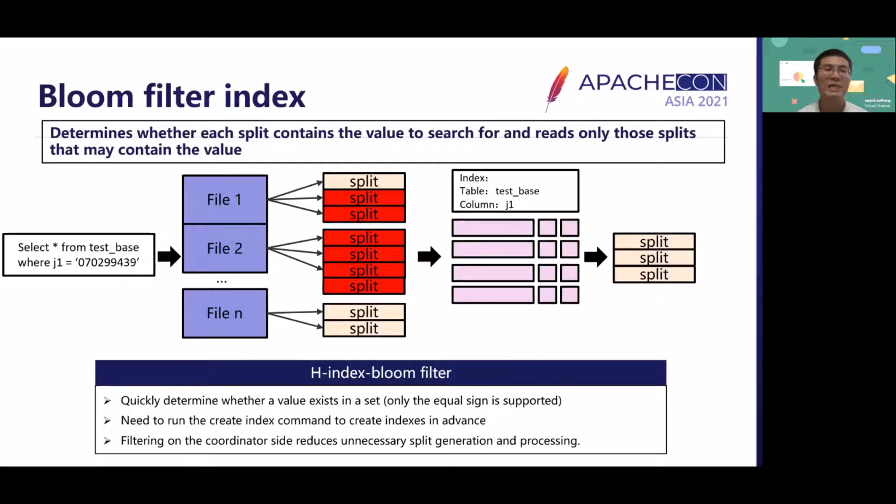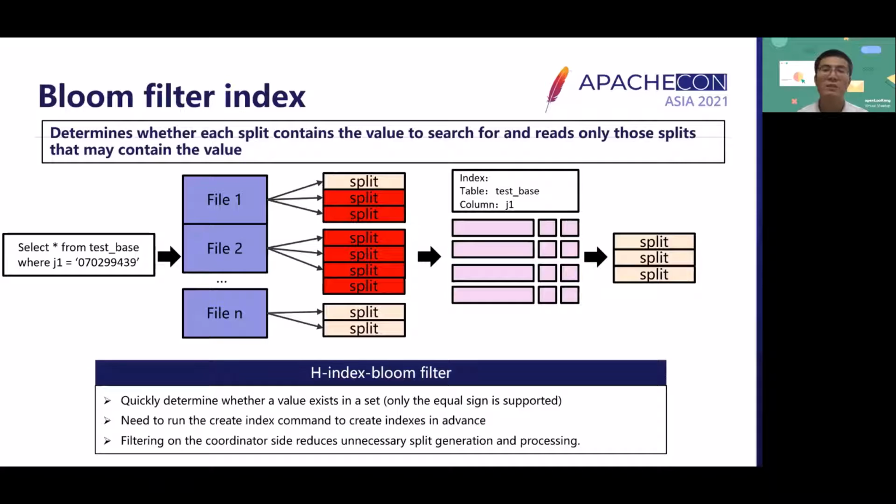So here comes the example. If you want to query select star from the test table where the column equals a value, the data of the underlying data source will be cut into several splits based on the data itself.